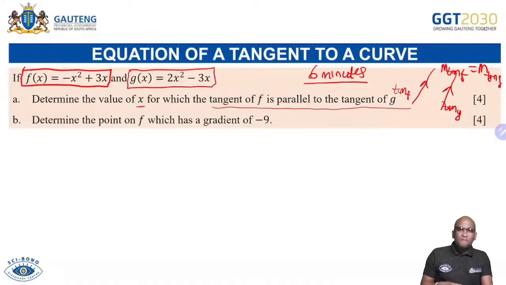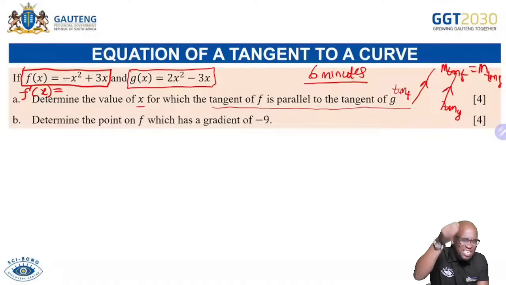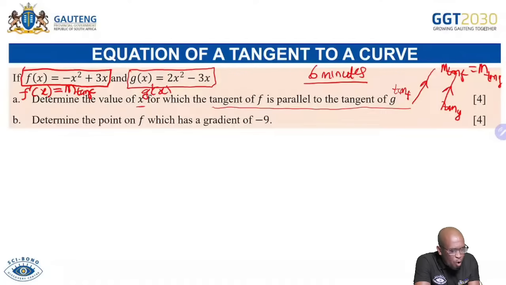Now, in the context of calculus, to get the gradient of the tangent, if we find the derivative f prime of x, this gives us the gradient function for f. So this gives us the gradient of the tangent of f. If we determine the derivative of g with respect to x, this gives us the gradient function for the tangent of g.